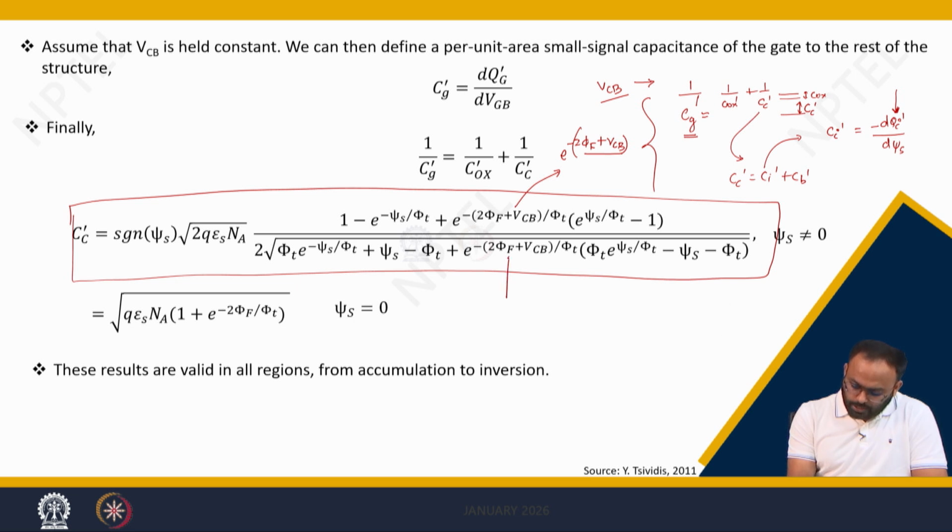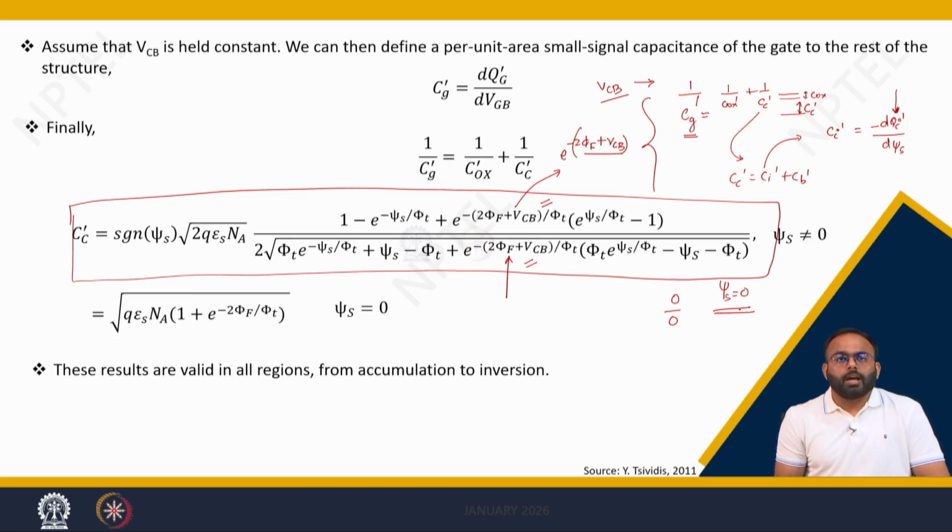Similarly, here this 2 phi f is replaced by 2 phi f plus VCB, and this is nothing but the electron contribution. We have already discussed that this equation gives a 0 by 0 form for psi s equals 0, which does not mean that the capacitance does not exist in the flat band condition.